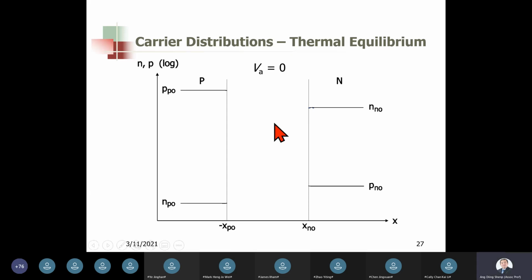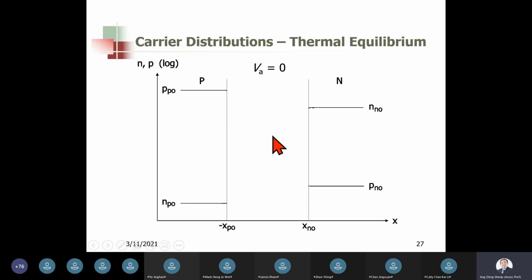In the past when I included them, some students would ask me, does that mean the hole concentration varies linearly across the space charge region and so on and so forth? So their removal is simply to avoid potential misconception.